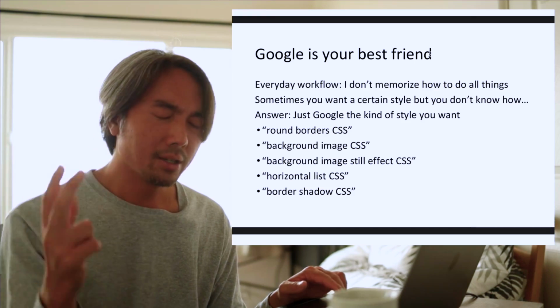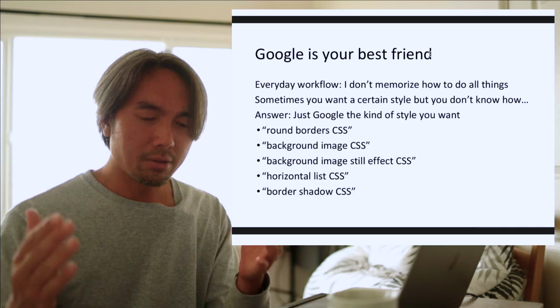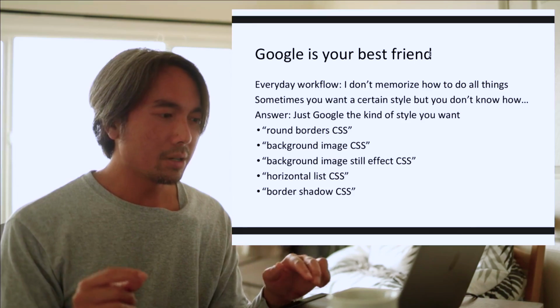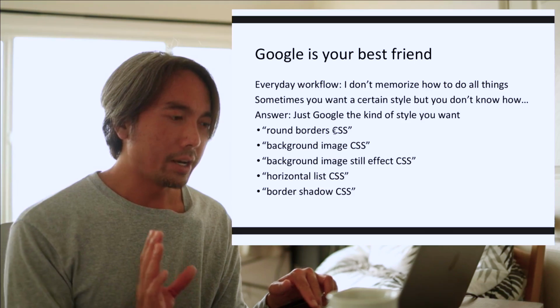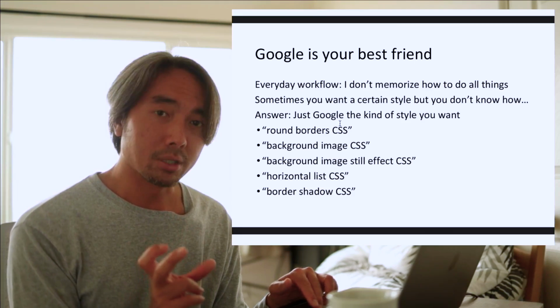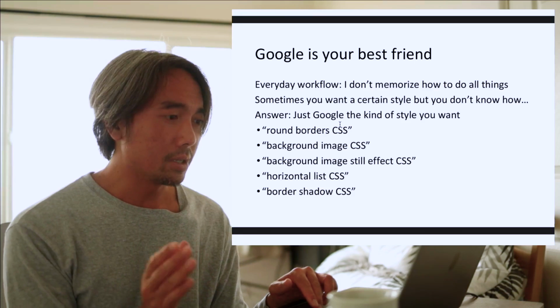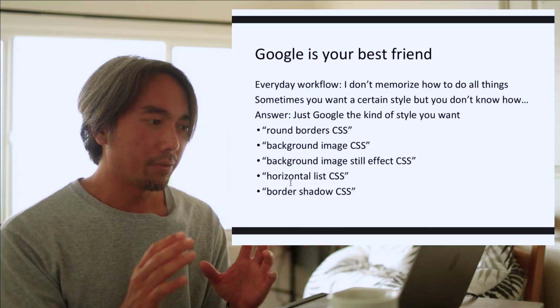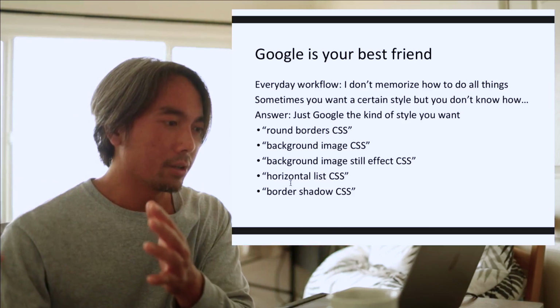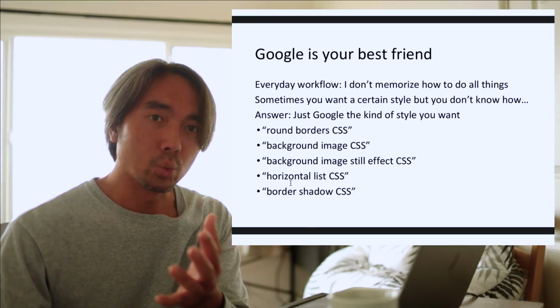How did I round out the edge of the boxes? Search on Google, round borders. And anything you search, let's say you're searching something specific with CSS, obviously common sense, put CSS at the end, followed in the beginning with what you're actually trying to do.